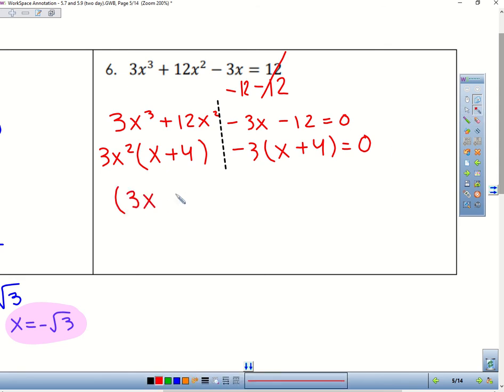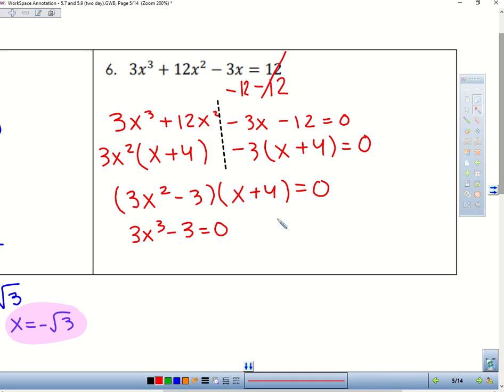We group together what's outside. And then what would my next step be? Set them equal to 0.